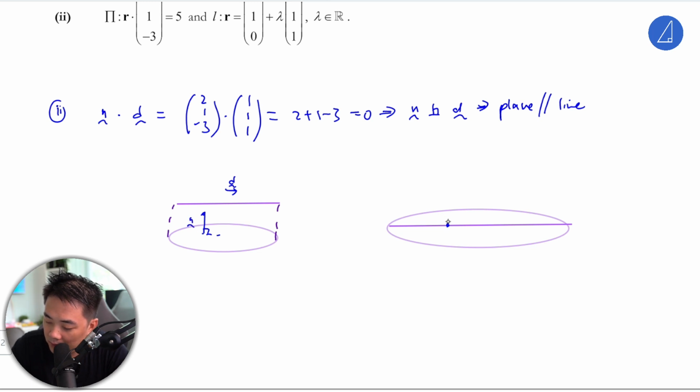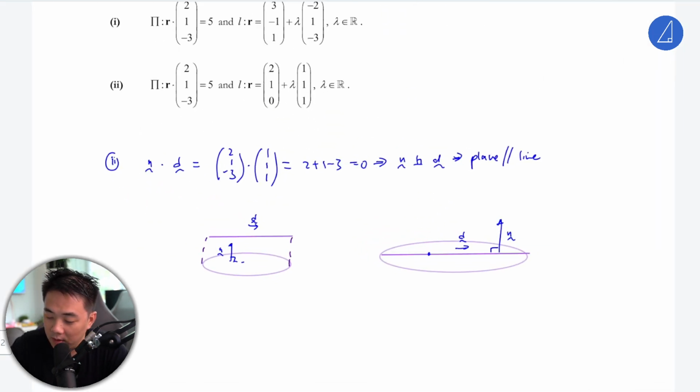One way to decide which is which is to take this point here and test, because this point is on the line. If this point lies on the plane, it will be this case here. If this point doesn't lie on the plane, it will be this case here.